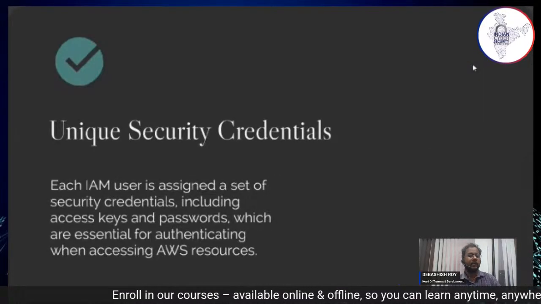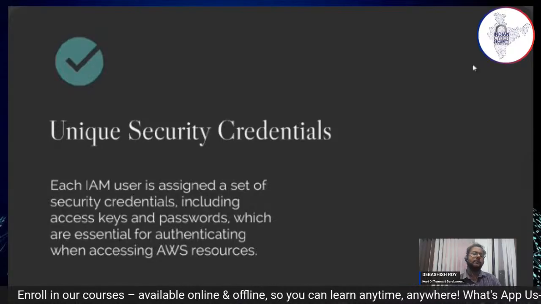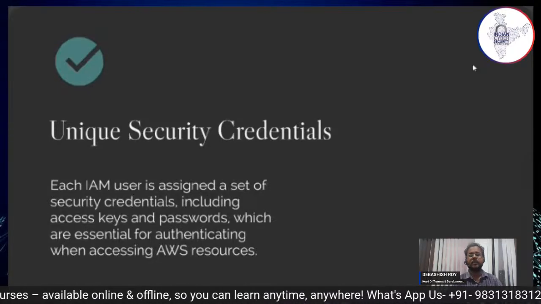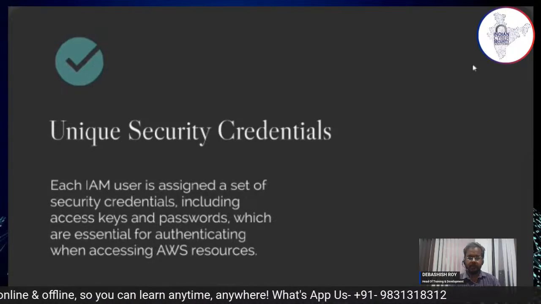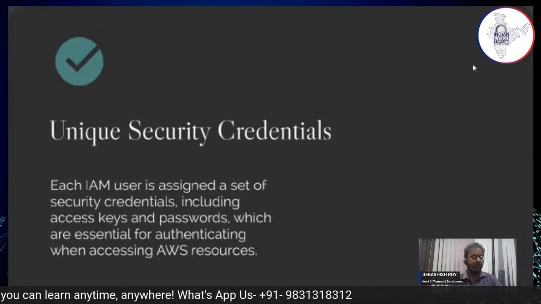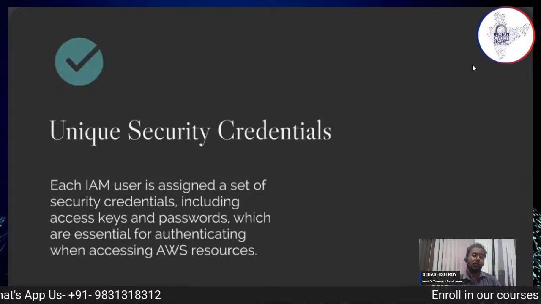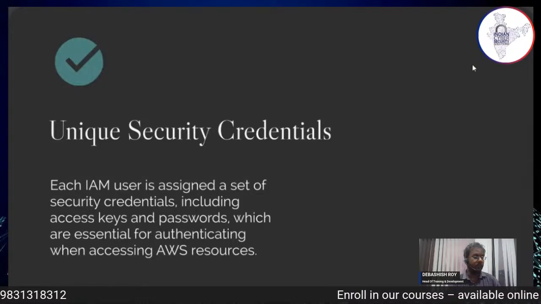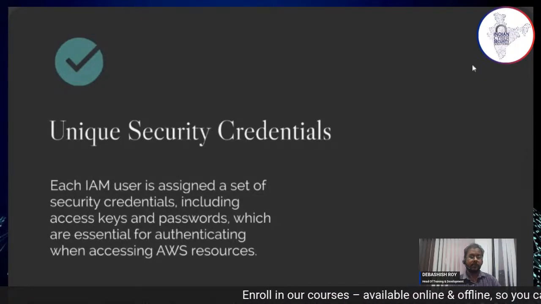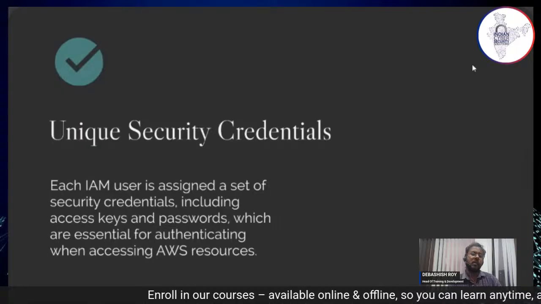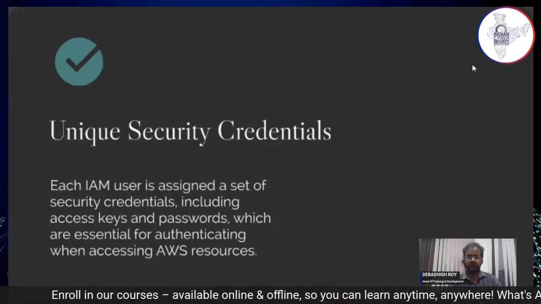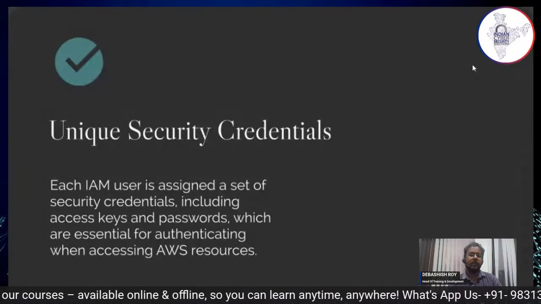Then, unique security credentials. Each IAM user is assigned a set of security credentials, meaning the password. Like in Windows, here in the cloud also we assign a password. There are two ways: AWS can auto-generate the password for the IAM user, or you can provide the password yourself, including access keys and passwords, which are essential for authenticating and accessing AWS resources.